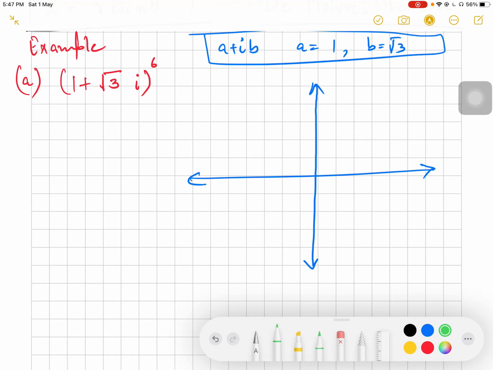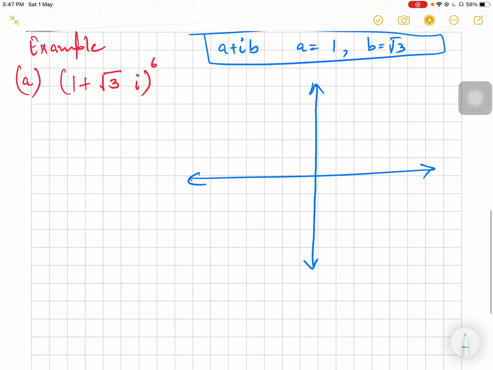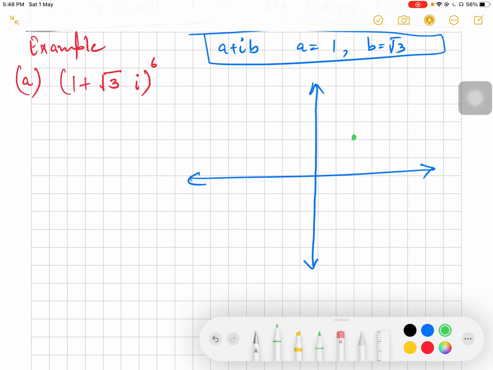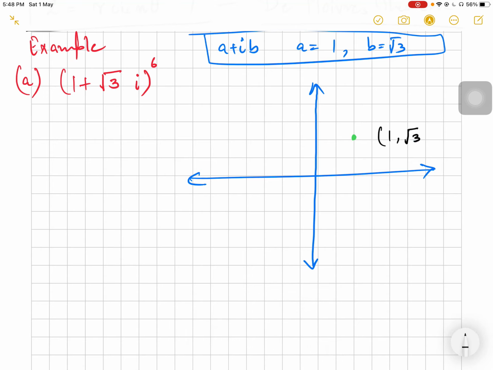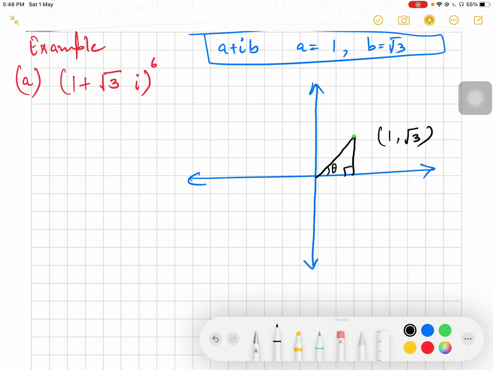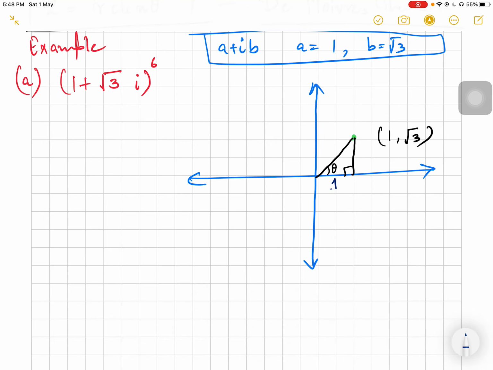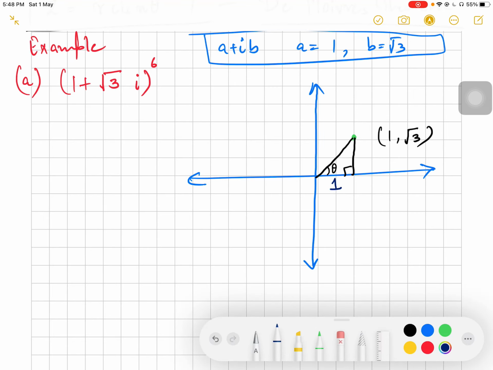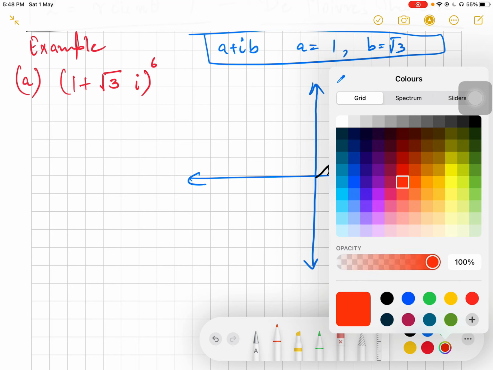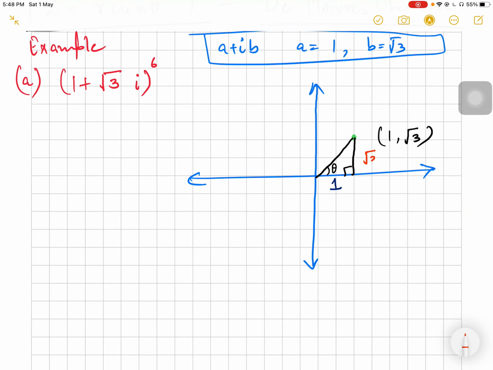So a is 1, not to scale, so I can say somewhere roughly around here is my point, 1 comma root 3. Next I'll join this and calculate the modulus and the argument. This is theta, and clearly this is my 1 and the perpendicular here will be root 3.